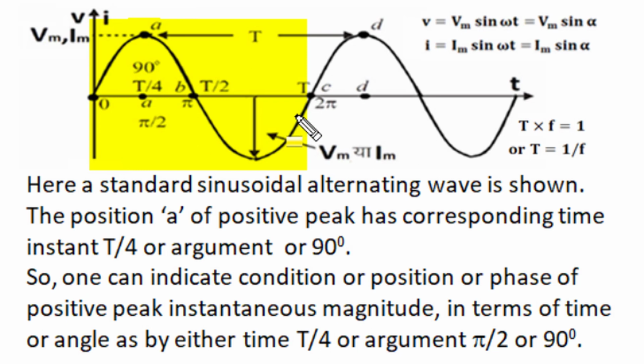And in terms of angular measurement, when the complete cycle is 2 pi radian, this is 1/4 of 2 pi, pi by 2 radian, or in degree it is 90 degree. So one can say this condition of instantaneous magnitude positive peak is the condition of T by 4 time instant, or a phase of pi by 2 radian or 90 degree angle.